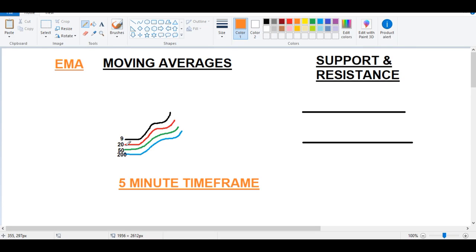So let's say now price opens somewhere here, then it goes up, and now it starts to pull back towards the moving averages. Now on the pullback, let's say I get a hammer, and let's say a bullish engulfing, right? So let's say all of this is happening on the 20 and 50 EMA, on the pullback.